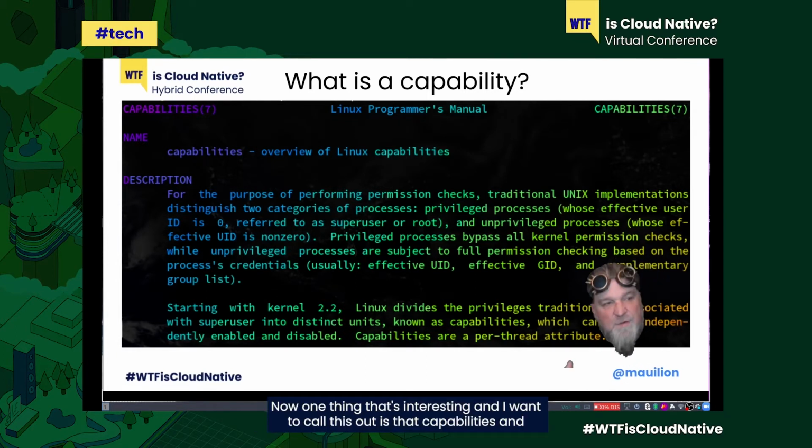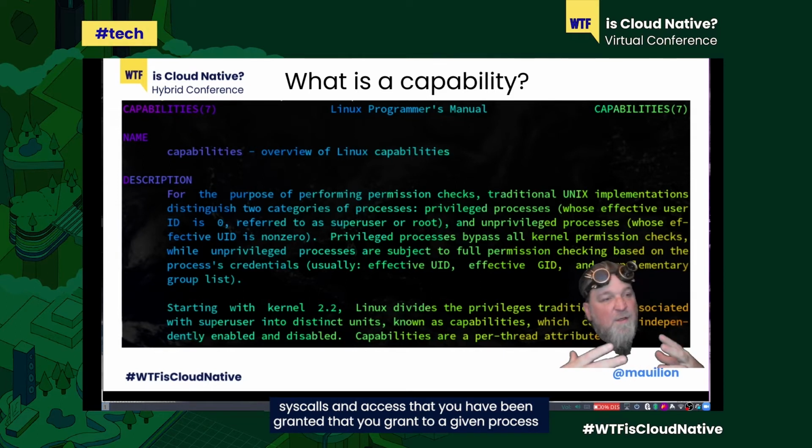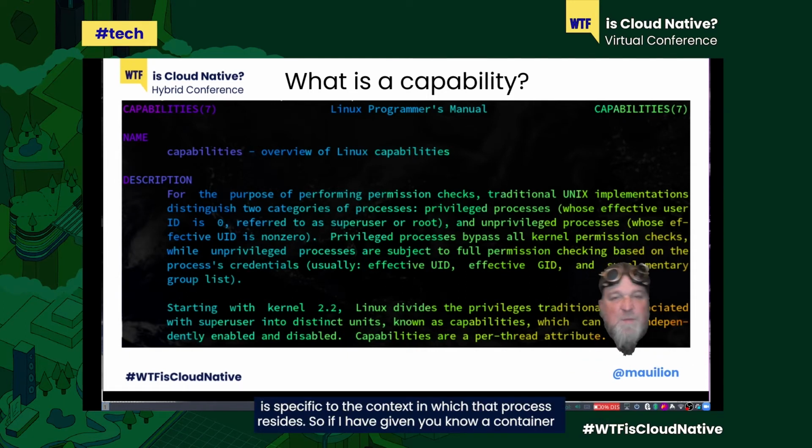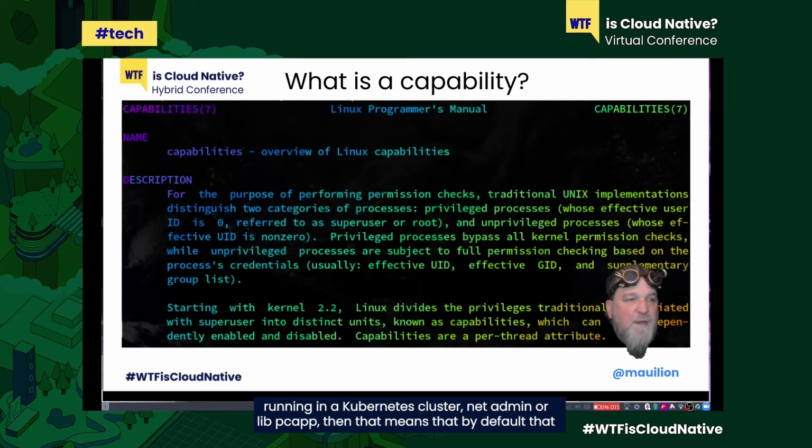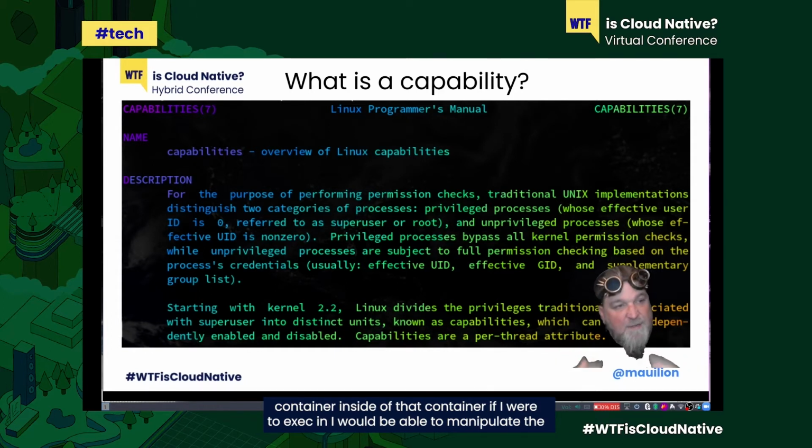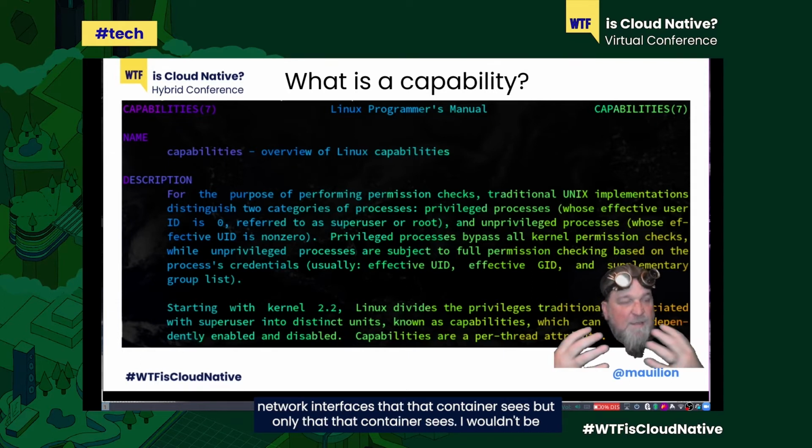Now, one thing that's interesting, and I want to call this out, is that capabilities and syscalls and access that you grant to a given process is specific to the context in which that process resides. So if I have given a container running in a Kubernetes cluster, NET_ADMIN or libpcap, then that means that by default, inside of that container, if I were to exec in, I would be able to manipulate the network interfaces that container sees, but only that container sees.